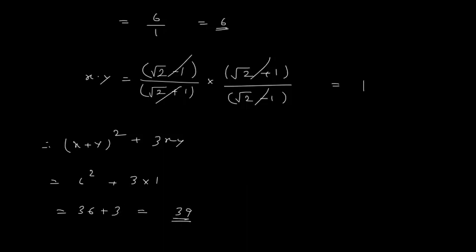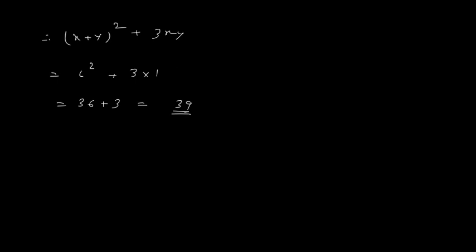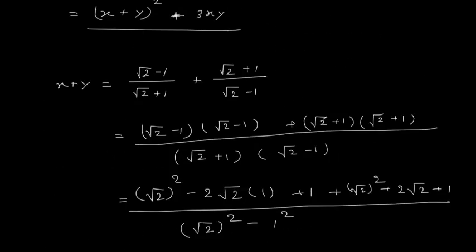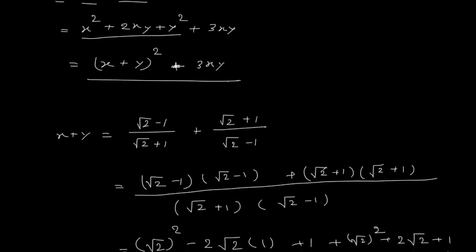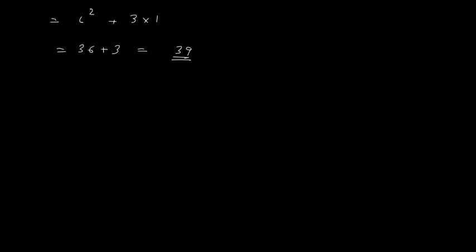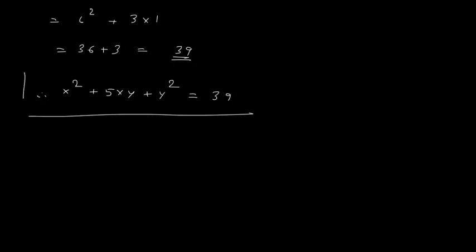This value, x plus y the whole square plus 3xy, is the value of x square plus 5xy plus y square. So finally, x square plus 5xy plus y square is equal to 39. So this is our answer.